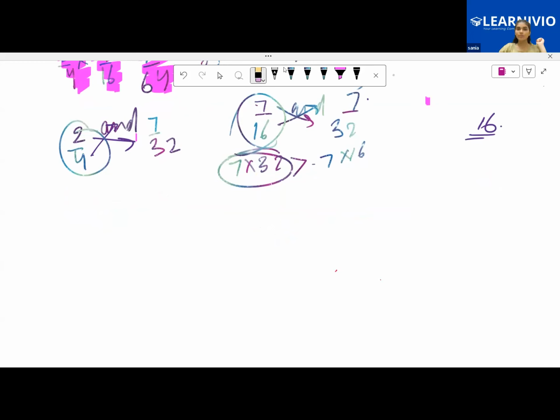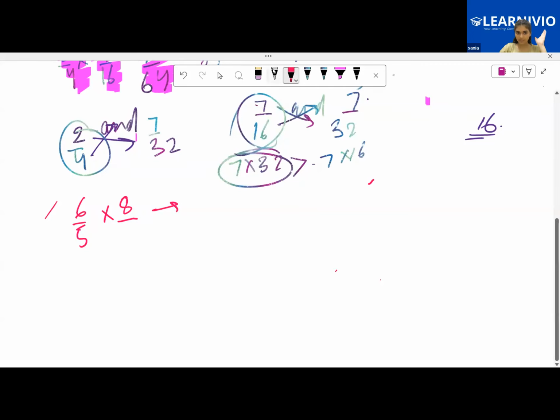Okay, now we'll check for improper fractions. Give me an example of any improper fraction. 6 by 5. Okay, and second one. 10 by 8.